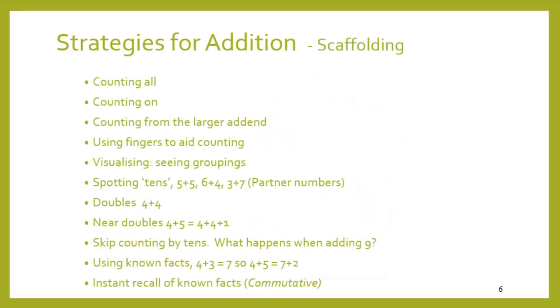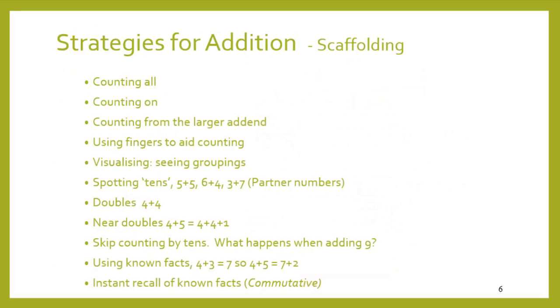Recognise doubles and near doubles, skip count by tens, be able to use known facts to work out other additions. If they know that 4 plus 3 is 7, 4 plus 5 is just 2 more than that, so 2 more than 7. Count on from 7, 8, 9, the answer is 9.